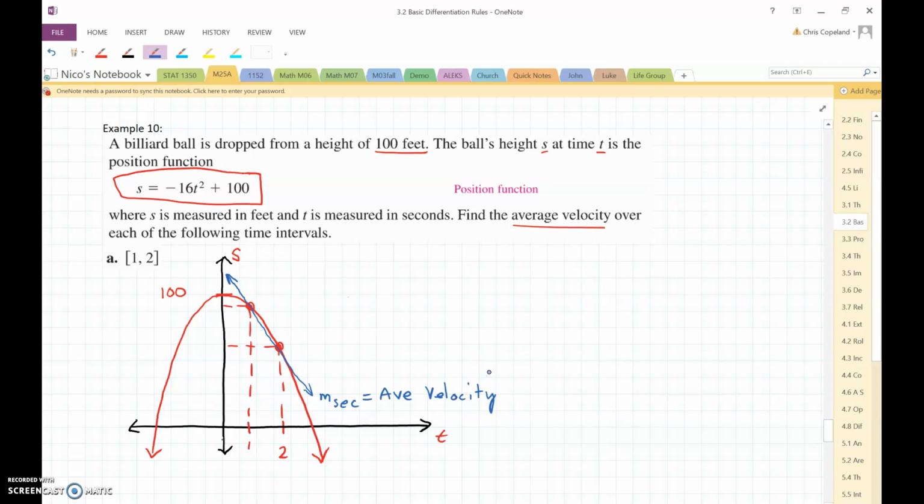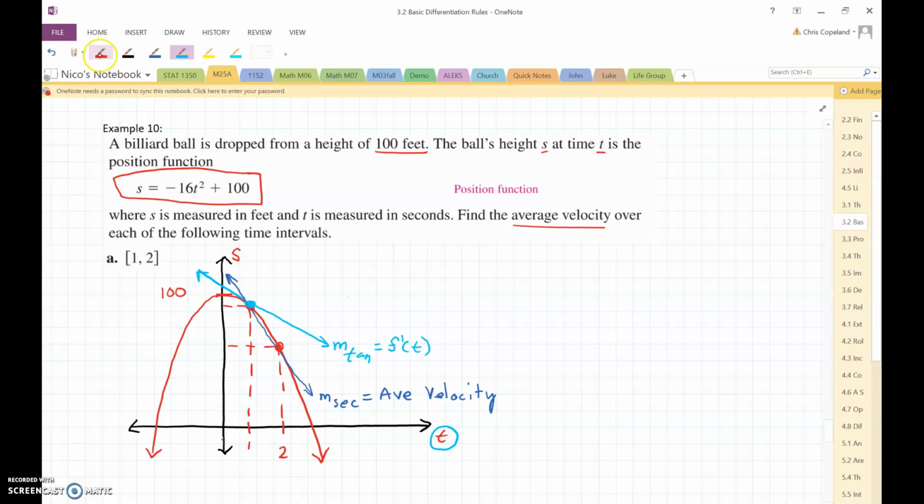Where the actual velocity, or the instantaneous rate of change, or where the velocity is happening at one particular point in time, that would be the slope of the tangent line, which is a derivative. This would be f prime of t, since our independent variable is t instead of x.